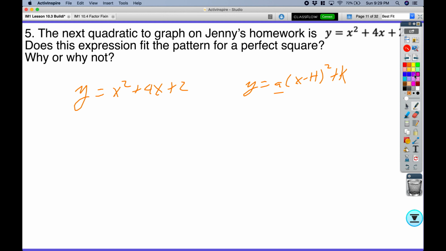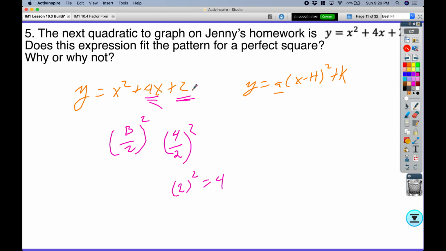Well, all we would need to do is confirm that this is a perfect square. So this c value, remember, needs to be your b value divided by 2 squared. Let's see if that's true. So if I took this 4 divided by 2 squared, that would give me 2 to the second power, which equals 4. Uh-oh, guys. This 2 does not equal that 4.